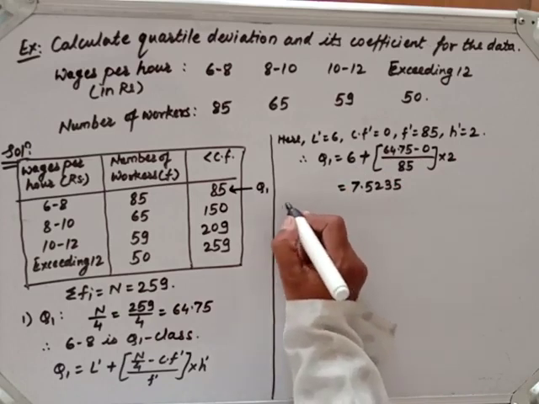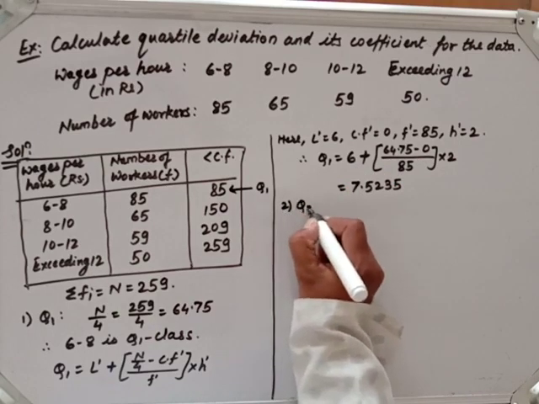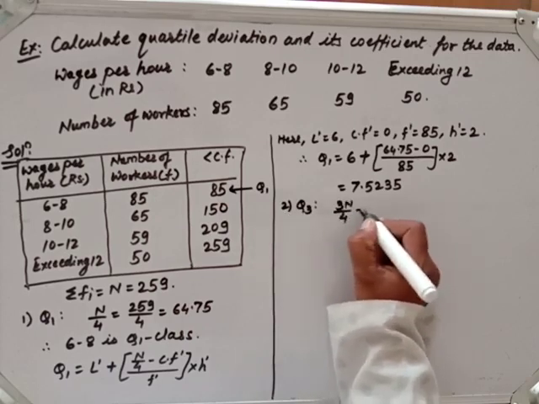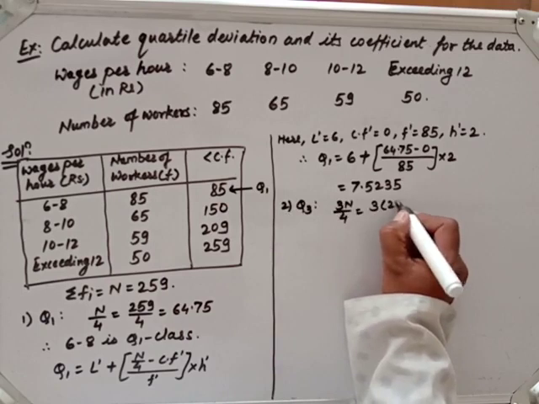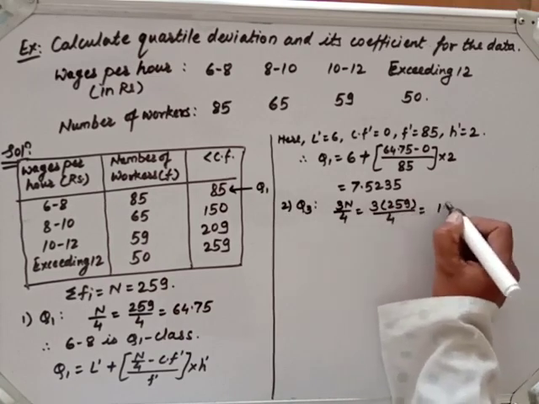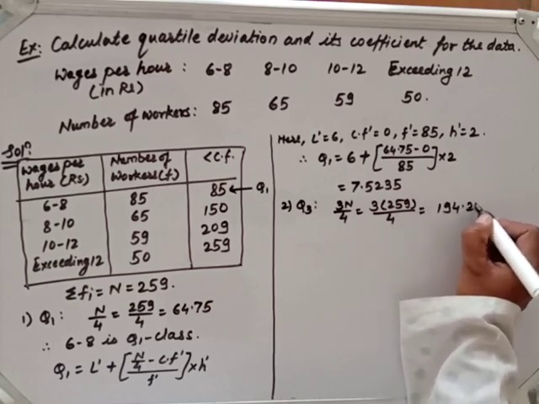So Q1 will be 7.5235. Now similarly let us do it for Q3. For Q3 we need to obtain 3N by 4. What is 3N by 4? 3 times 259 upon 4, so it will be 194.25.